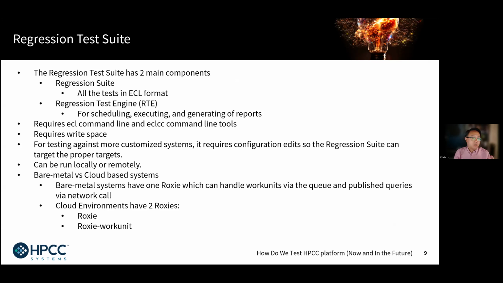The RTE, or the regression test engine, was originally developed by the platform team as a way to do easy feature function regression testing, but there are some limitations to it. It needs a front end of platform ECL and ECL CC tools, and this is a requirement.